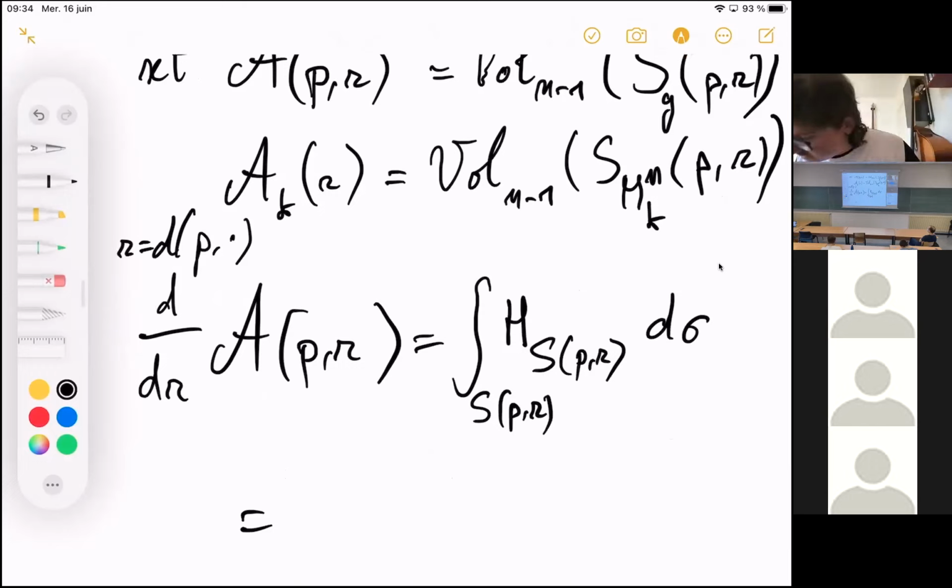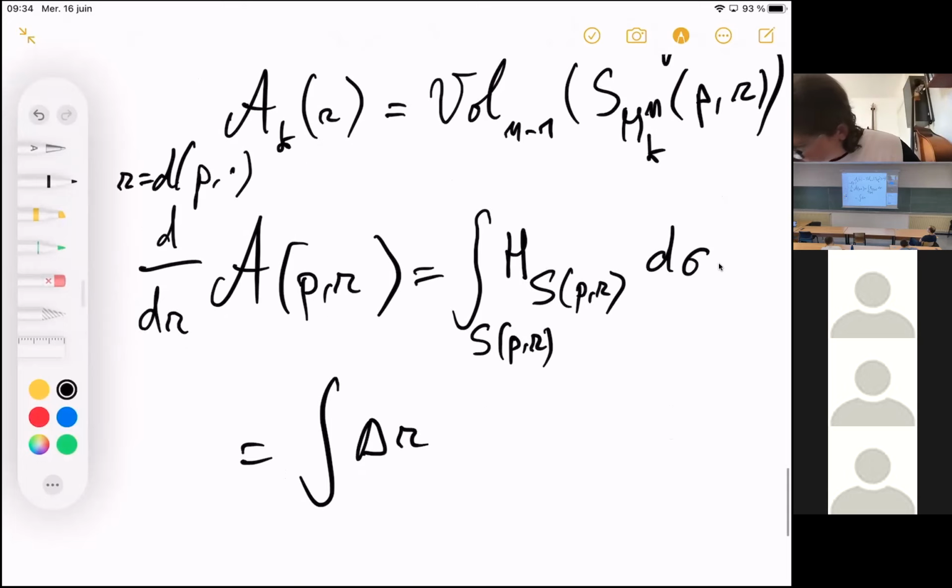And this mean curvature is just the Laplacian of the distance function, so the integral of the Laplacian of r over S_p(r), d sigma.